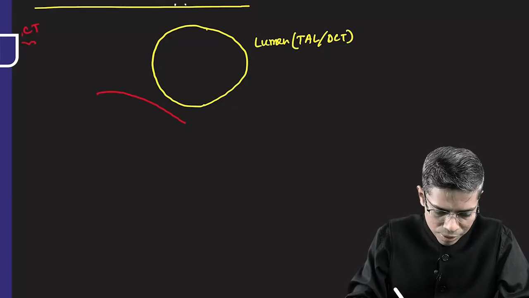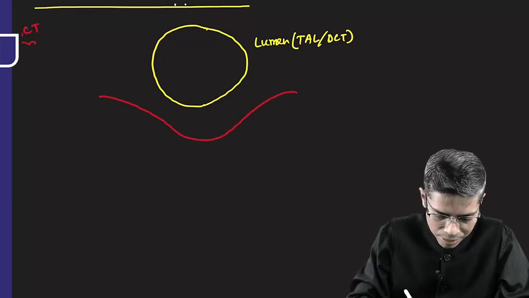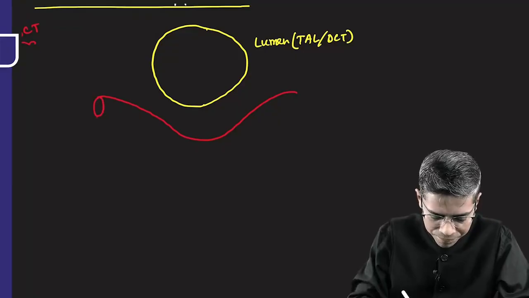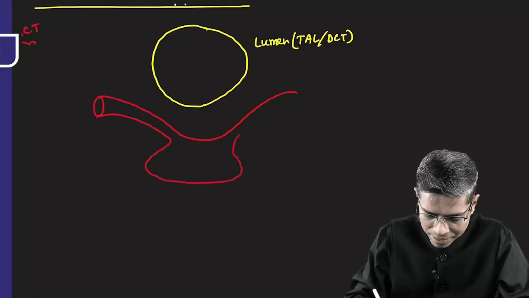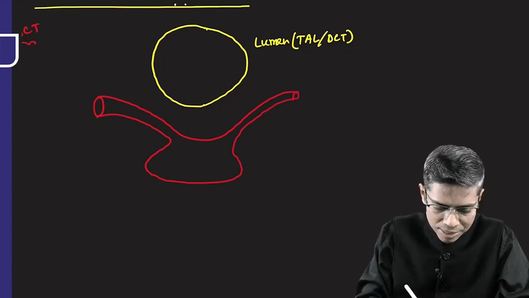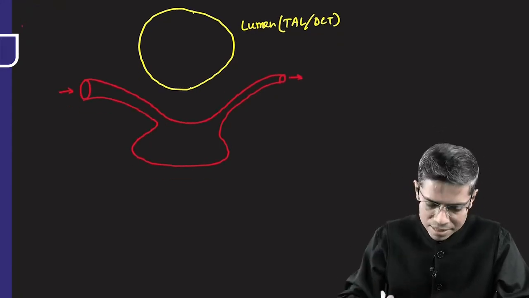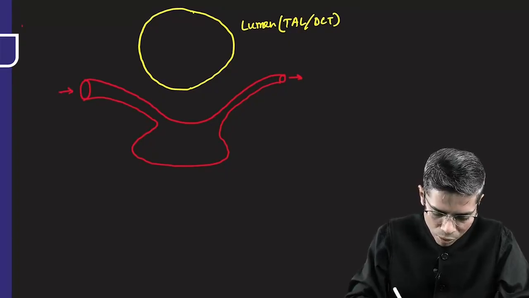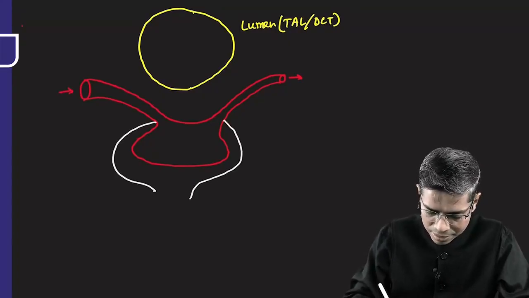So I am drawing the glomerular capillary here. This is the afferent arteriole reaching, then forming the glomerular capillary, and then forming the efferent arteriole. Surrounding this glomerular capillary, obviously your Bowman's capsule will be located like this, right?